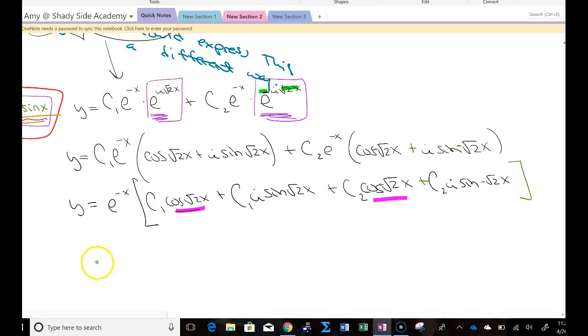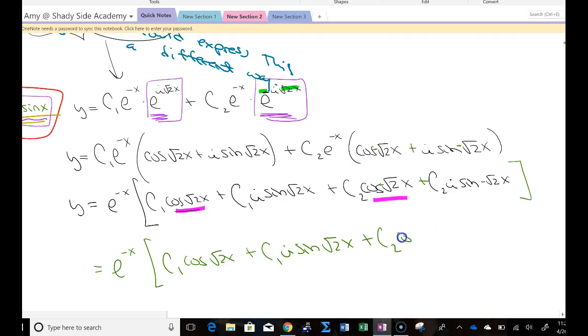Okay, very good. So then we have e to the negative x times C1 cos of radical 2x plus C1 i sine of radical 2x plus C2 cos of radical 2x. See how I just made that clear to myself?